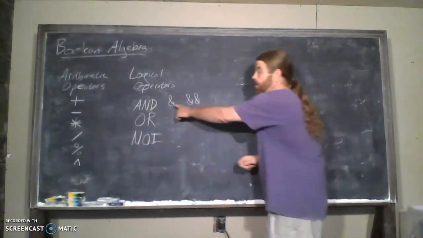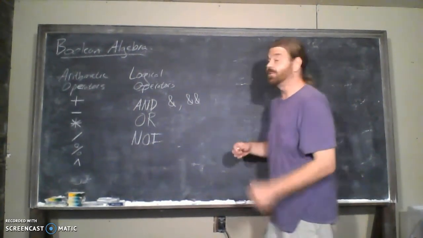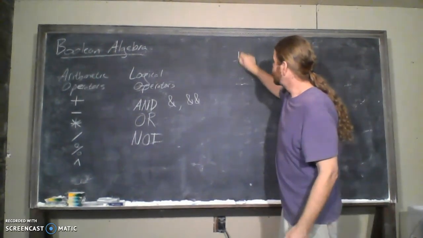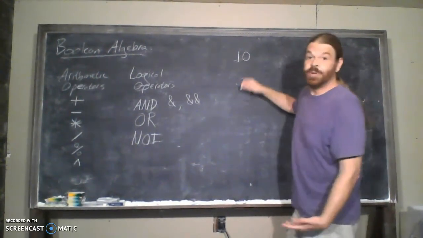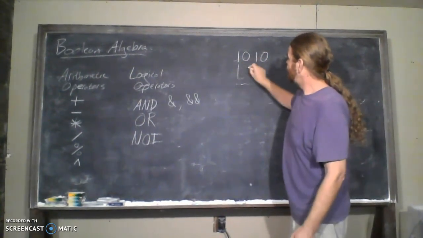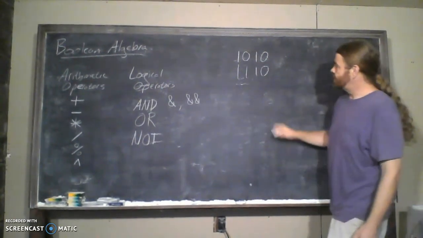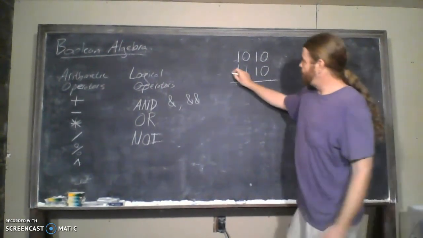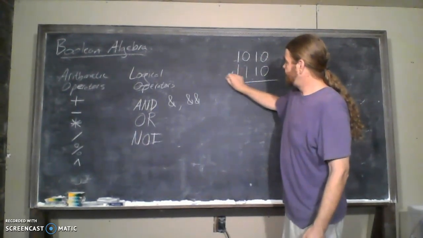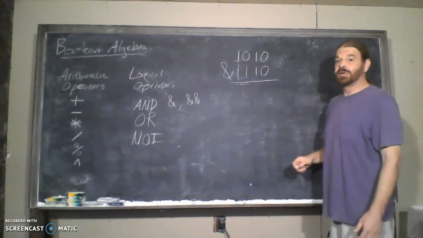And the difference is 1 ampersand typically refers to bitwise AND. So if we had 2 bytes of data and we wanted to do an AND, well, I'll just do 4 bits because that's a little easier. So if we were to do a bitwise AND, it's going to check each bit in particular.